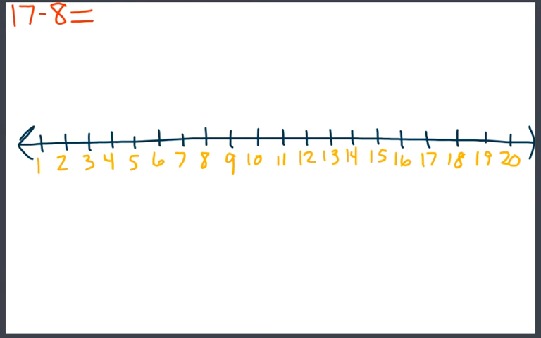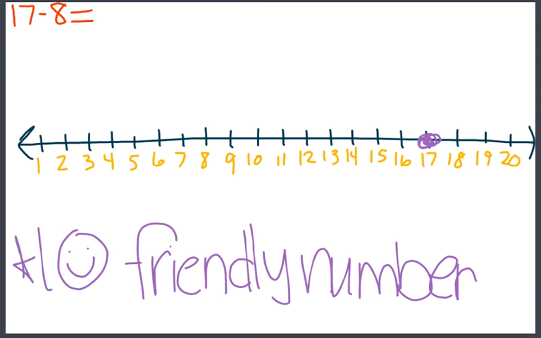Let's look at 17 minus 8. I'm starting at 17 in purple. And once again, 10 will be a friendly number when I'm subtracting from a teen like 17. So I'm going to make this big arc from 17 to 10. And when I am subtracting from a teen number to 10, I am focusing on the digit in the ones place, and that is 7. 17 minus 7 equals 10.